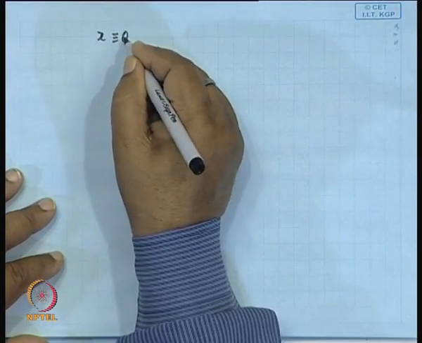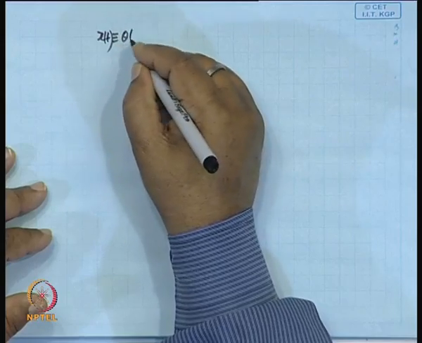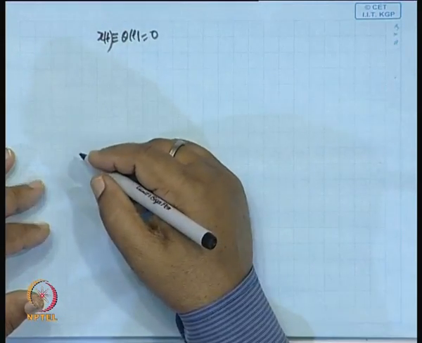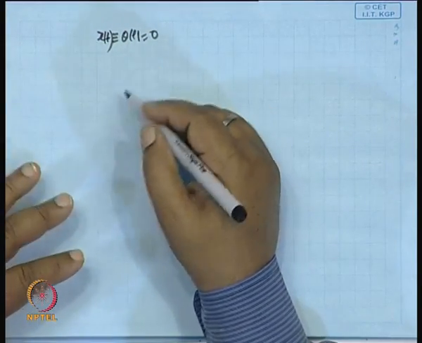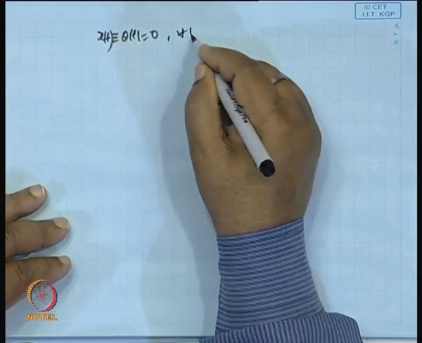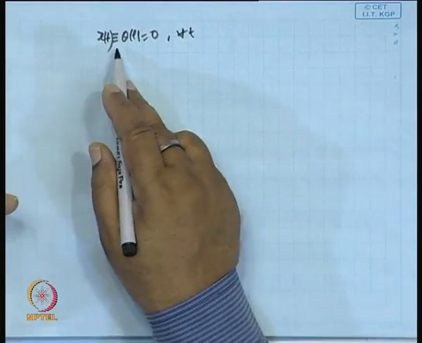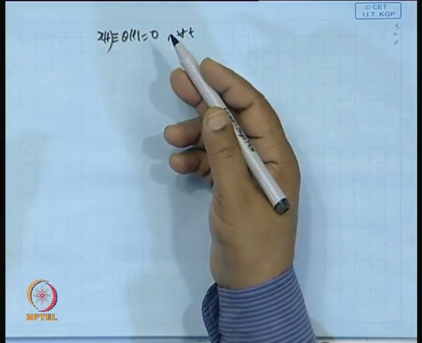That is, x(t) equal to 0 for all t. Okay. Clear? Then it is the identity function, and the inverse: if x is a function, then minus x(t) will be the inverse of this.